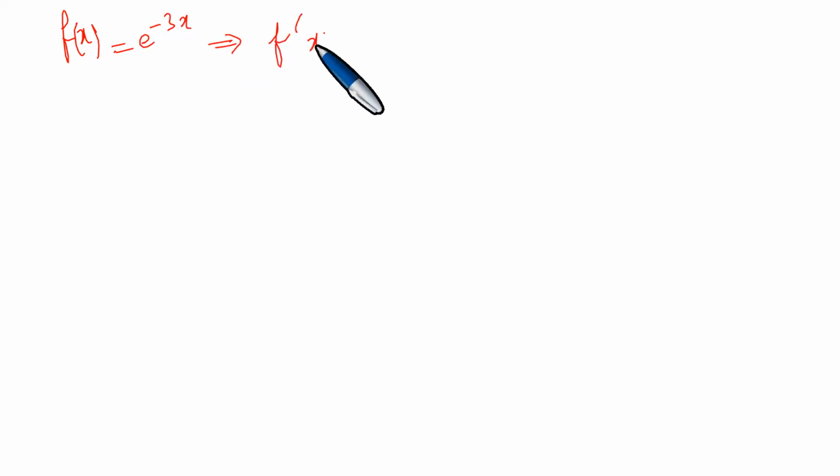So what is f of 0? Let me write this properly, because you are going to have lots of derivatives here, and if we have lots of derivatives, there can be some problem.